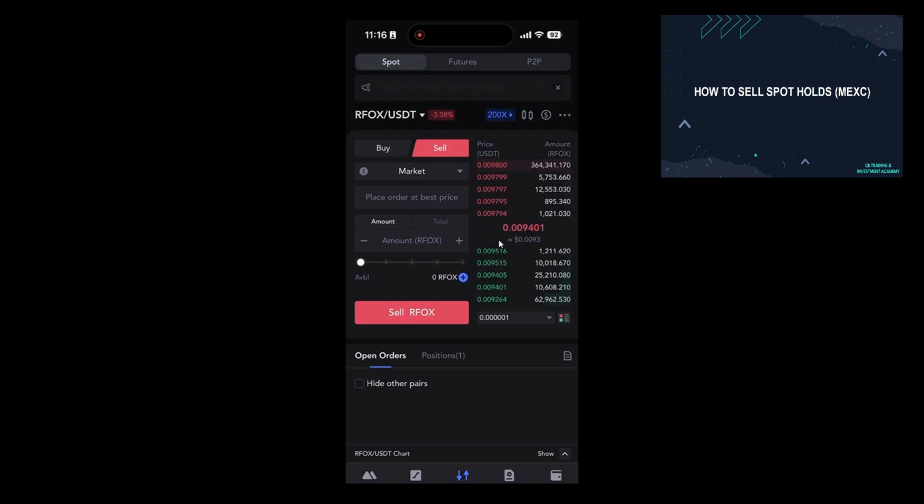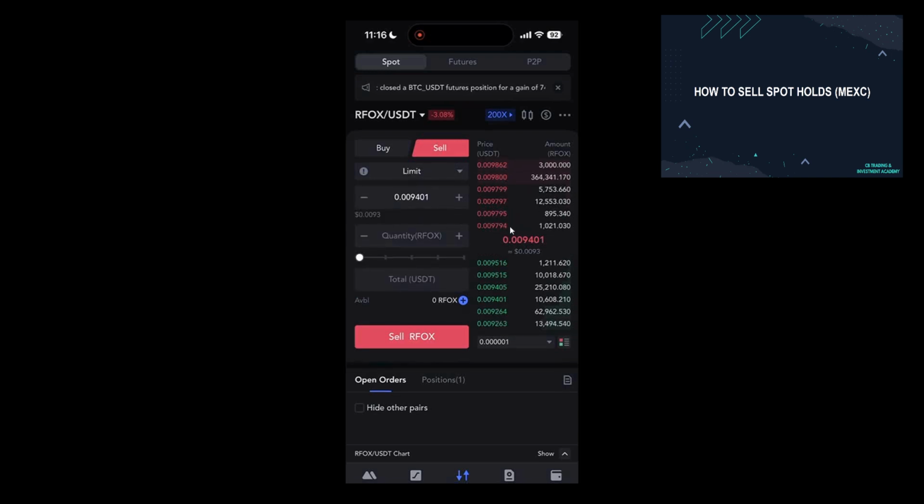If there is a lot of spread, and on volatile coins like Red Fox there can be quite a bit of spread, what you can do is, if you want to sell at market or at the best price available, just put in a limit order and tick the first price there, and then place the order.